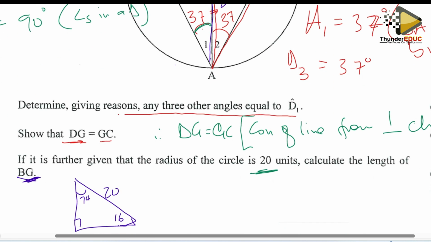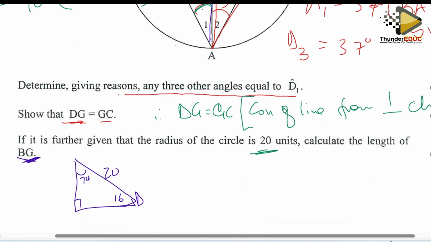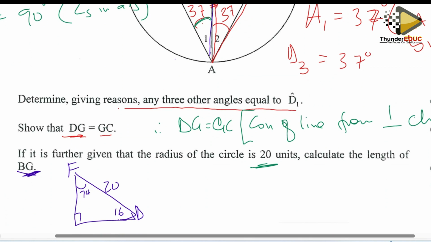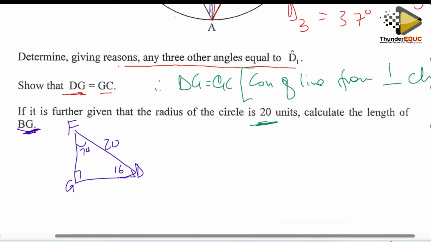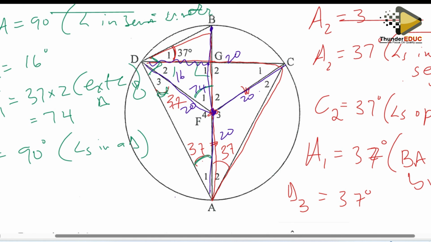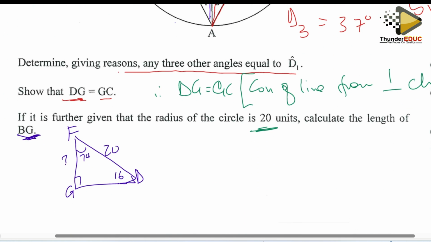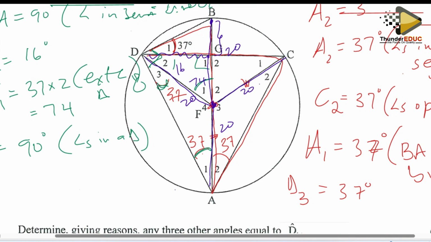D is 16, F is 74, and G is 90. You want us to get BG, this distance. So I'm going to start by finding my FG. Then after getting the FG, I shall be able to subtract it from the 20.